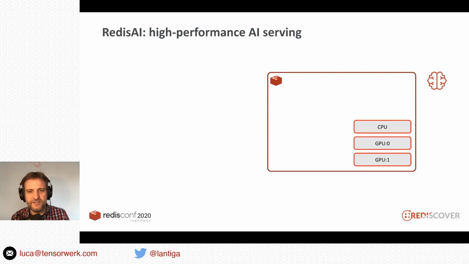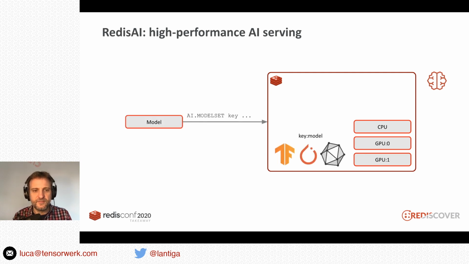Here we have a Redis instance on a machine that has a CPU and multiple GPUs, and we suppose we load the RedisAI module in Redis. At this point, we have the possibility to set a model, which is the serialized representation that I showed you a few slides ago.